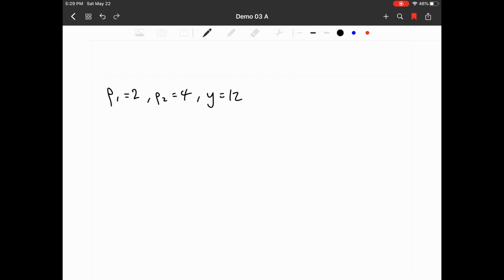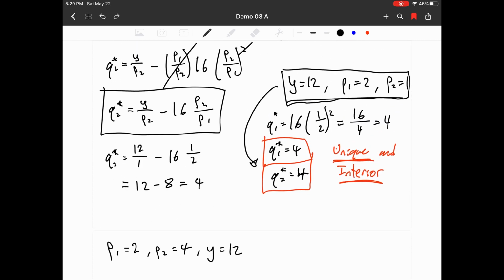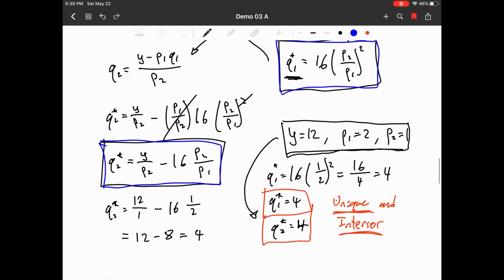Income is equal to 12. Everything else in this problem is going to be the same. So we can actually use the solutions from before, and we'll box these in blue just to make them stand out. And we'll just essentially copy them below.